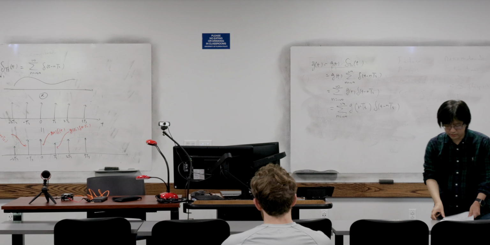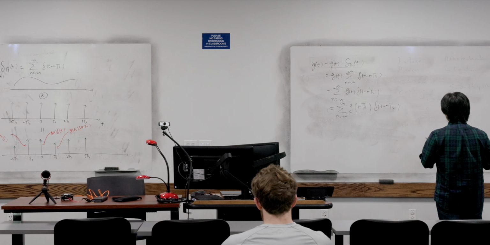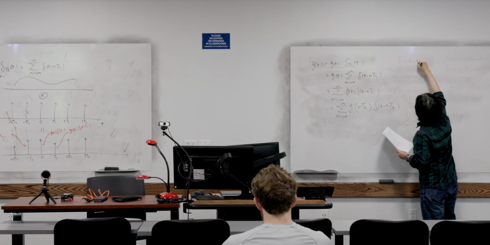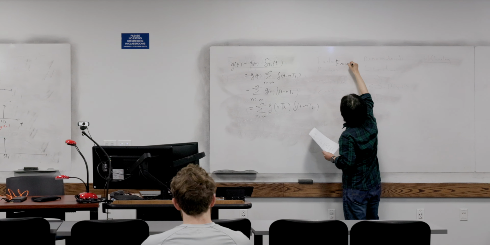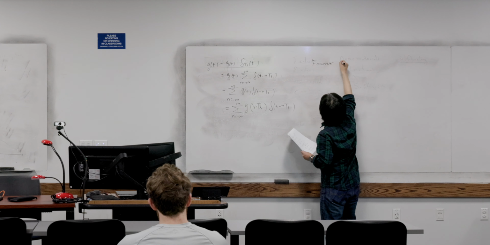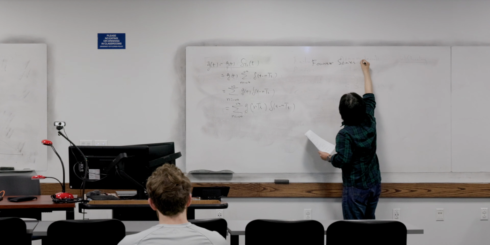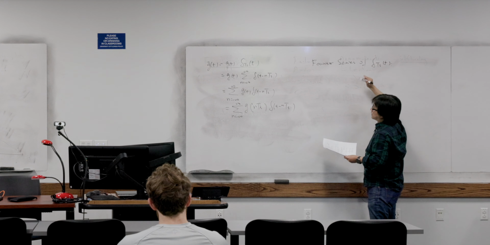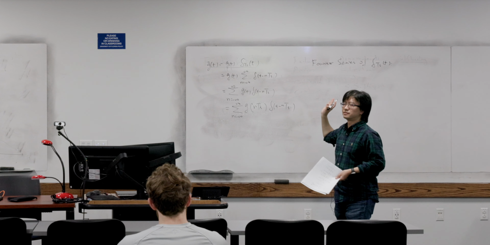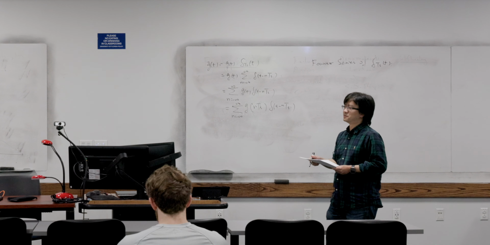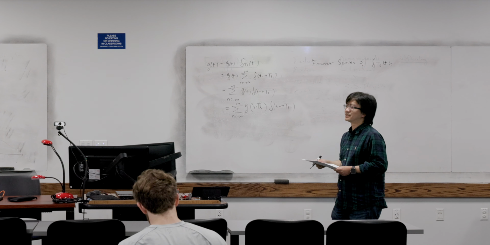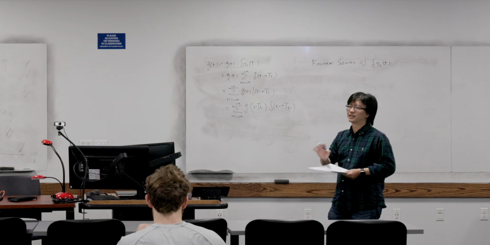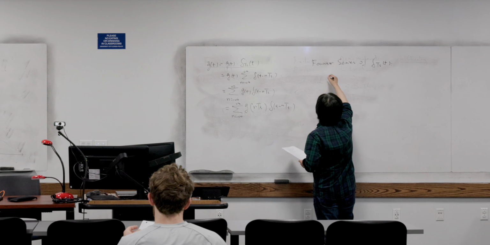So let's compute the Fourier series of this signal. Do you remember it? It has a very easy form, but it doesn't matter, let's compute it because it's really straightforward.